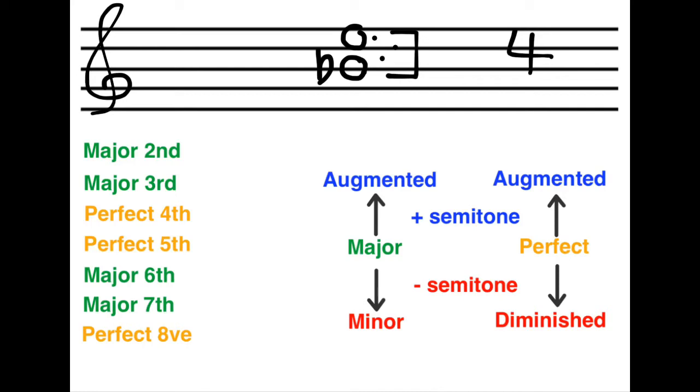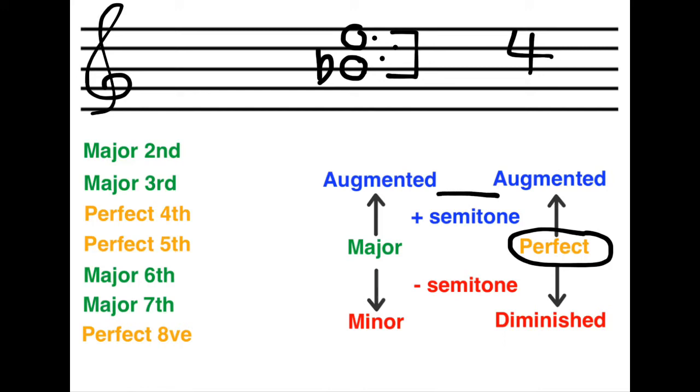And now you've got to ask yourself, does the top note belong to the bottom note's major scale? Does E belong to the scale of B flat major? No, it doesn't. B flat major usually has a B flat and an E flat. So you've taken what would have been a perfect fourth. The top note would have been flattened if it had been a perfect fourth, but you've made it a natural. Okay, so it's B flat to E natural.